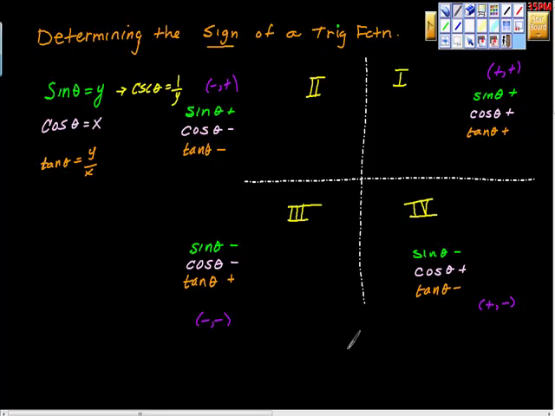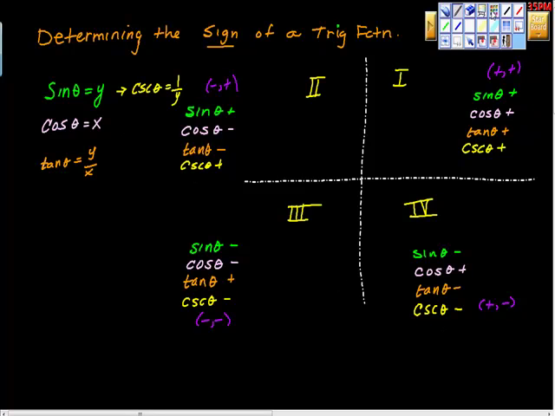So cosecant theta is positive here, and here. Here, y is negative, so let's be careful. Cosecant theta is negative here, and also negative here, right?